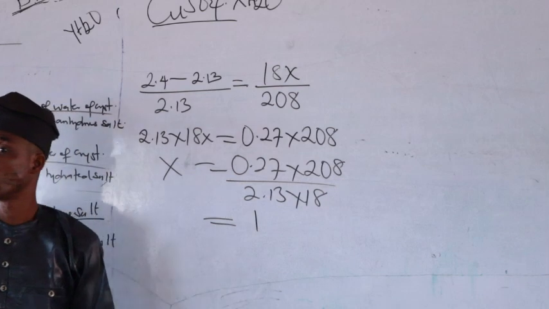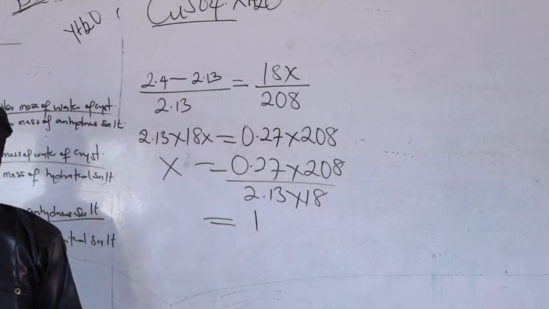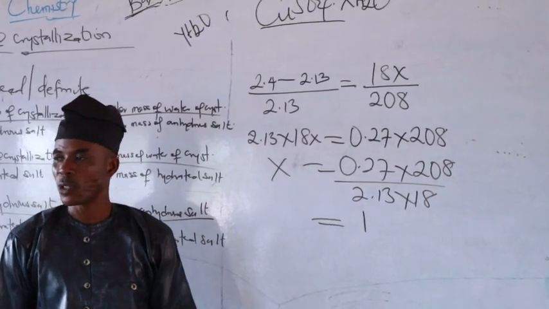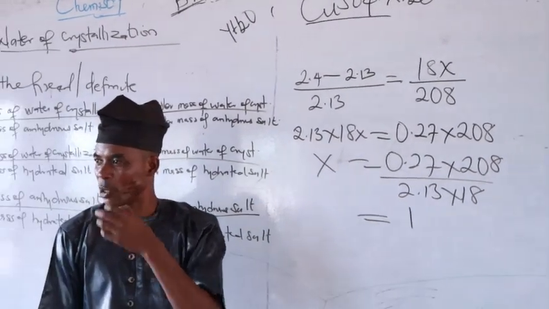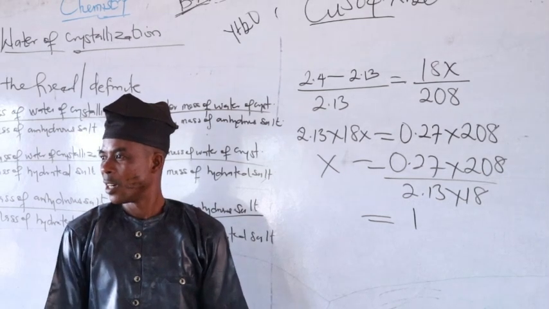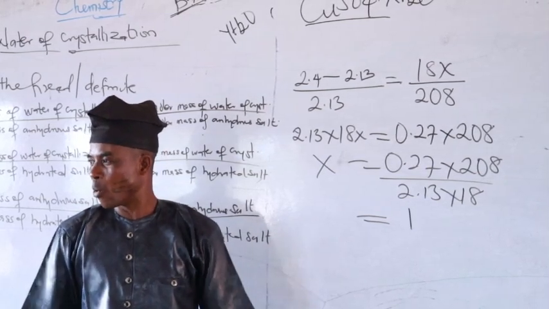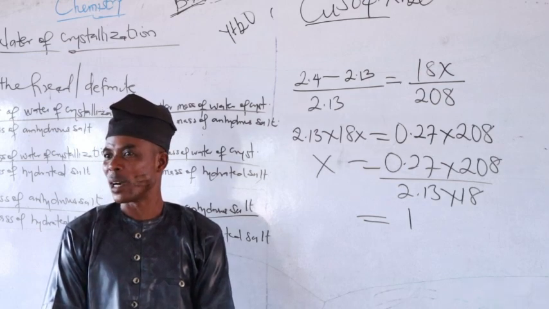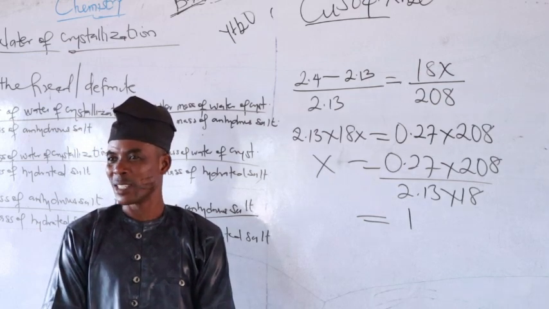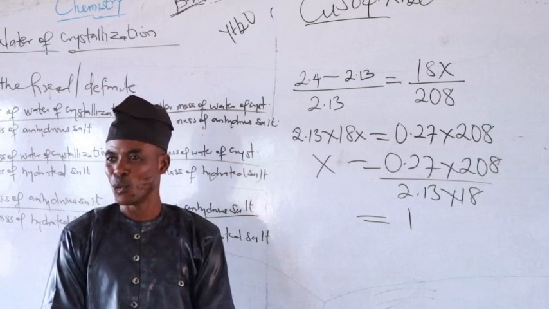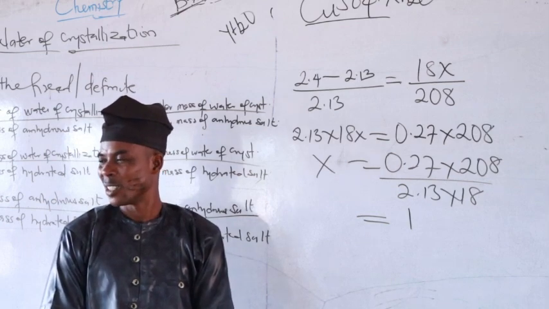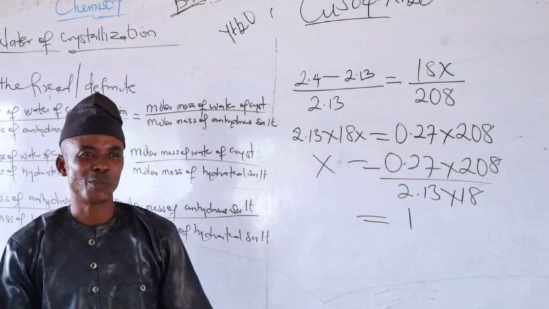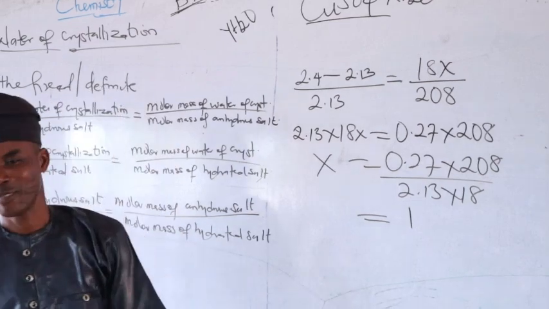Who said 2? 1.4 should be 1. 1.46, how will 1.46 now become 2? Are you going to approximate twice, from 4 to 5, then 5 to 1? Go ahead and improve your mathematics.